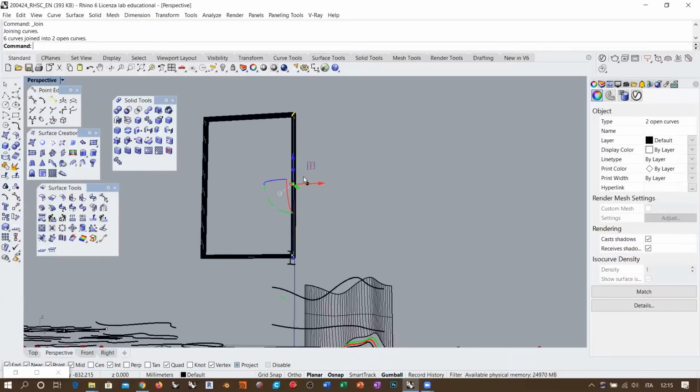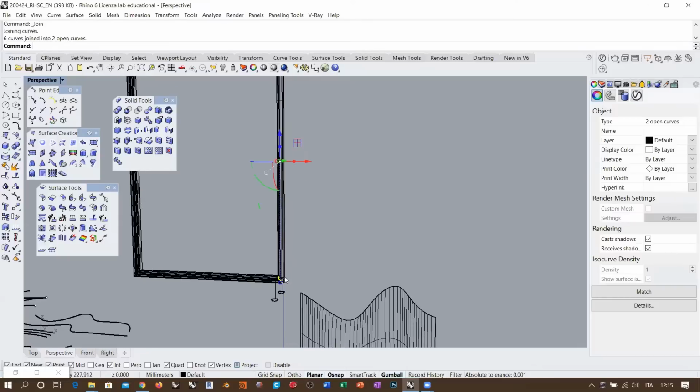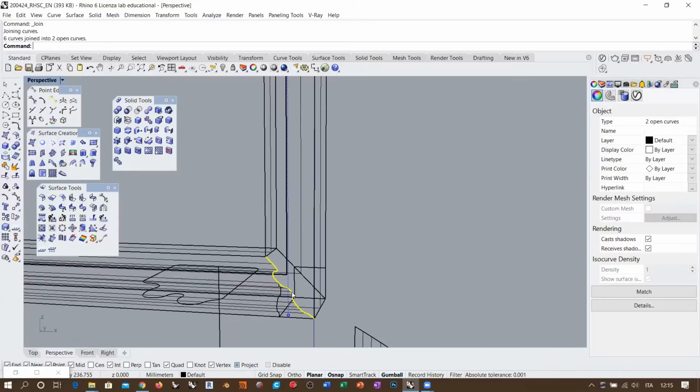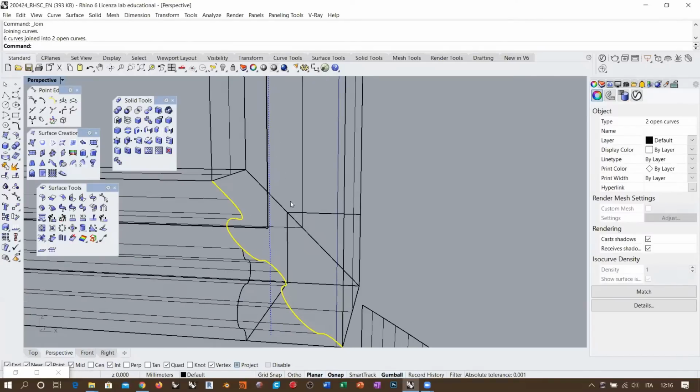Now, I'm not going to consider it, but you might already think that the topology of these curves is way too problematic because it is made up of a huge amount of segments, while it could be one single smooth curve with the same aspect. I'm not going to rebuild them because if I rebuild them, the surface that I'm going to create will eventually not join well with the remaining surfaces. So I'm not going to do this.